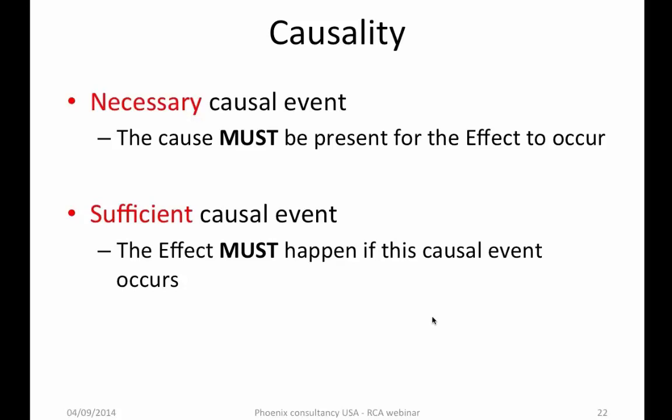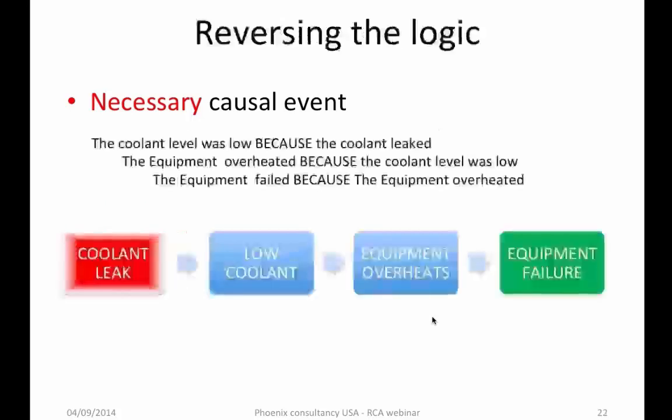So for the machine to overheat, the coolant level had to fall. A sufficient causal event means that the effect must happen if this causal event occurs. And not all necessary causal events are sufficient to cause the problem. You may have multiple root causes that all work together to be sufficient.